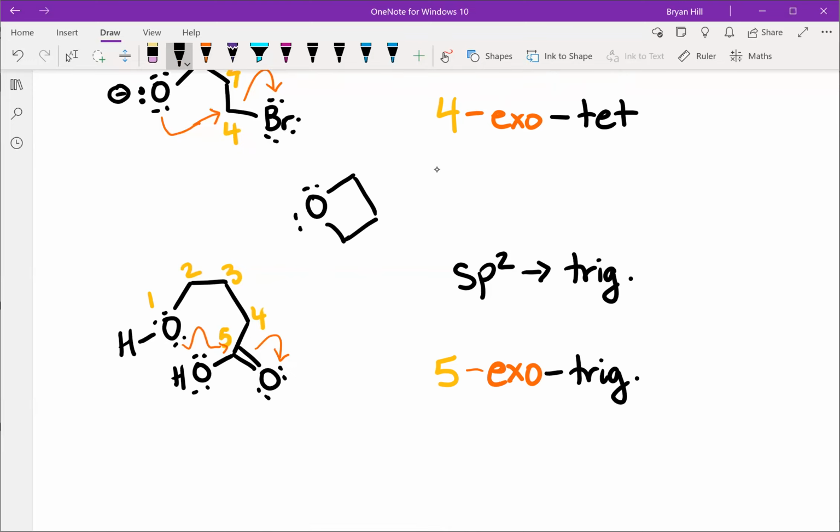I'll do one more example, and then maybe we'll see what the other part, this orange thing, means. So the number is just the number of atoms which can make up the ring. The carbon at which the bond is being formed, carbon 5, is in this case an sp2 hybridized carbon, so it's trigonal. So it's going to be 5-exo-trig.